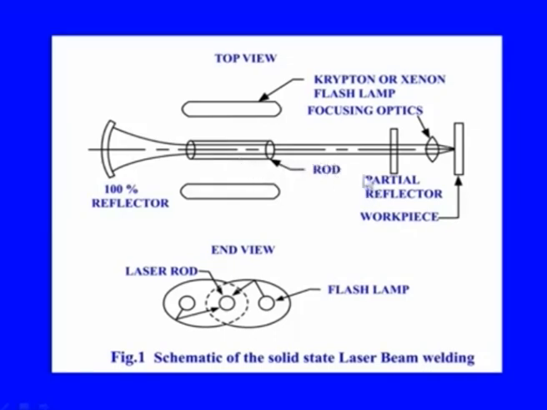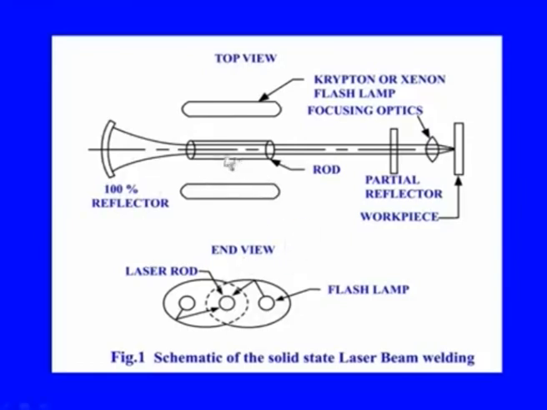Here it is shown as a rod, which can be a ruby rod if it is a solid state material, or a neodymium yttrium aluminum garnet rod. These are some of the solid state lasents. Apart from that, we can use some gases also, like the argon system, helium argon system, or carbon dioxide, which is a very popular lasing material.